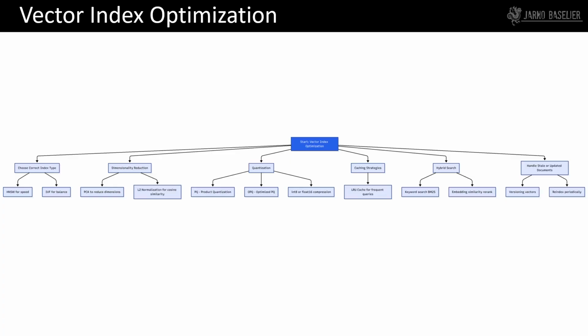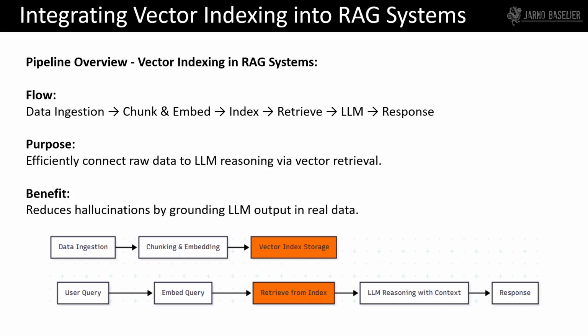Then caching strategies, like an LRU cache for frequent queries. Maybe we can use hybrid search, a keyword search with BM25 or embedding similarity re-ranking. And finally, we have to handle stale or updated documents, so we can do this with versioning vectors or simply by re-indexing periodically. All things we have to reconsider.